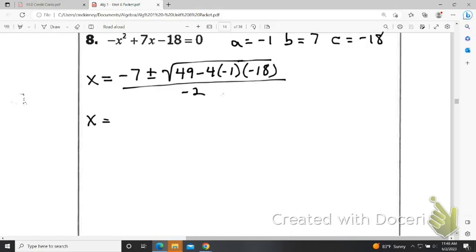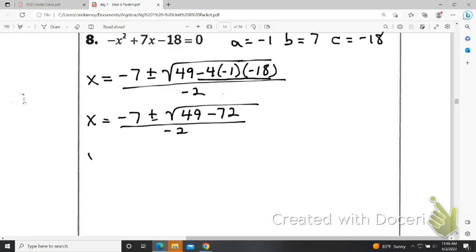So, in that radical now, when I do -4 times negative, this ends up being subtract or minus. We get a negative number from these three, because there's 3 negative signs, right? And that's -72.